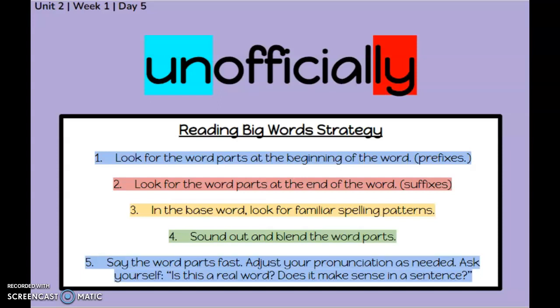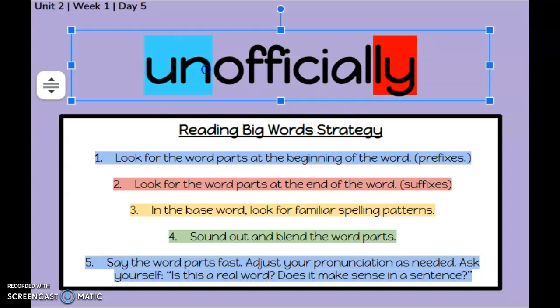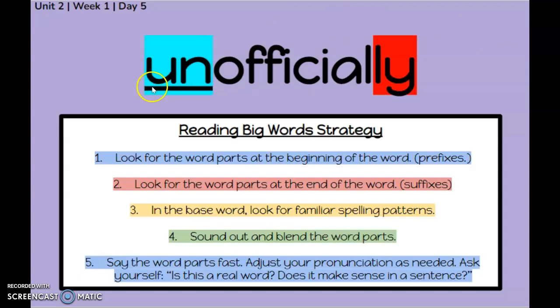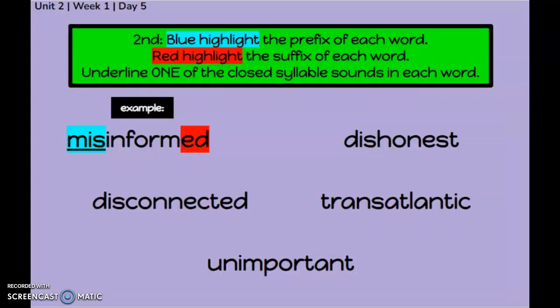Wow, there's 5 syllables. Now I'm looking for a closed syllable. Well, right off the bat, un is actually a closed syllable sound because the U makes the short vowel sound and the N is a consonant, un. That's one of my 5 syllables and I underlined it to show that it's a closed syllable.